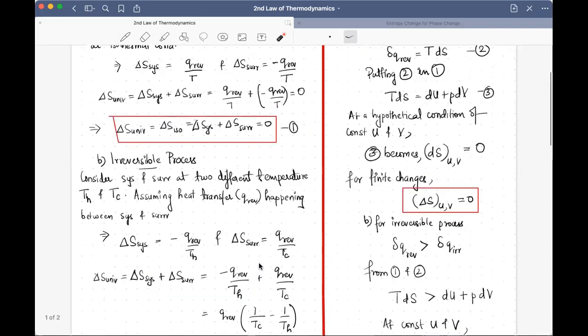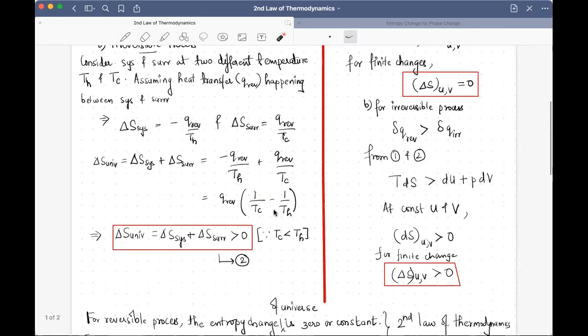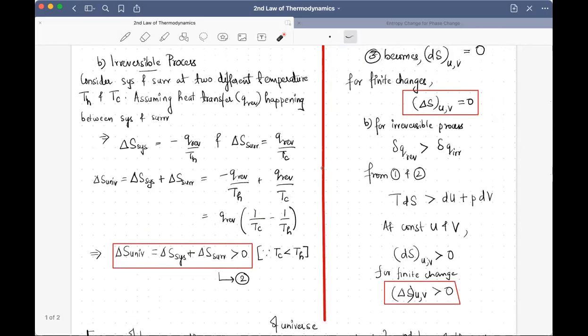For a reversible process or an equilibrium process, what happens? The change in entropy for a reversible process or an equilibrium process is 0, or is constant, or is conserved. However, for an irreversible process or a natural process, the entropy always increases.